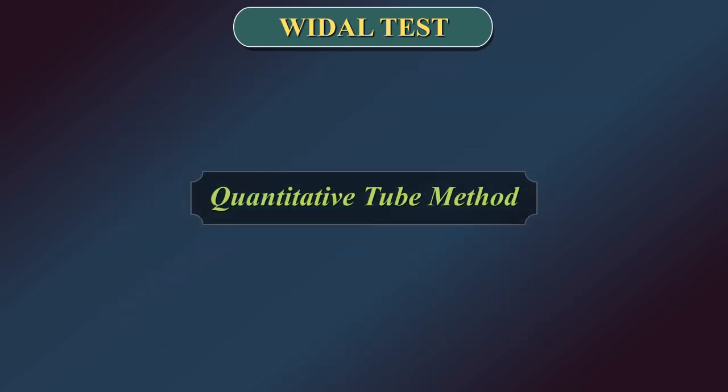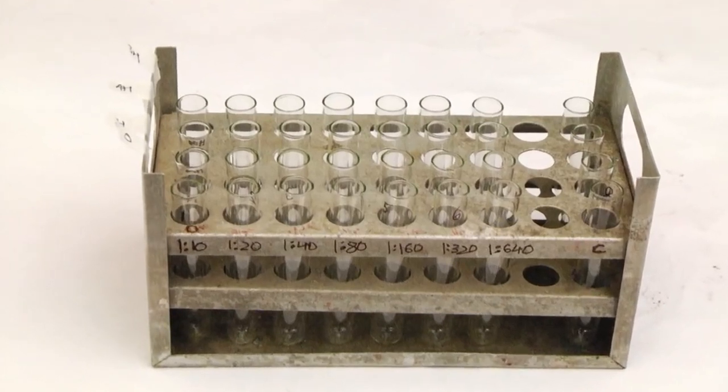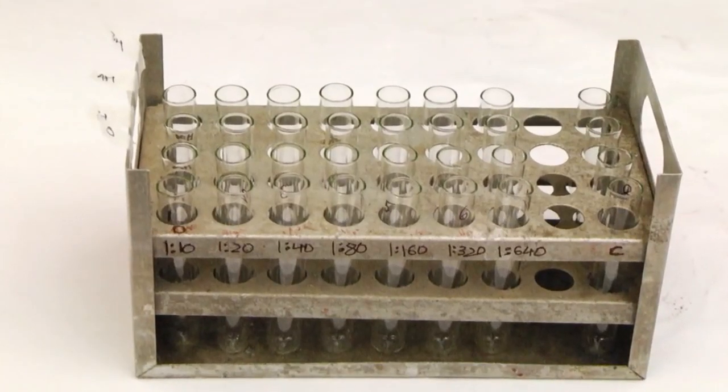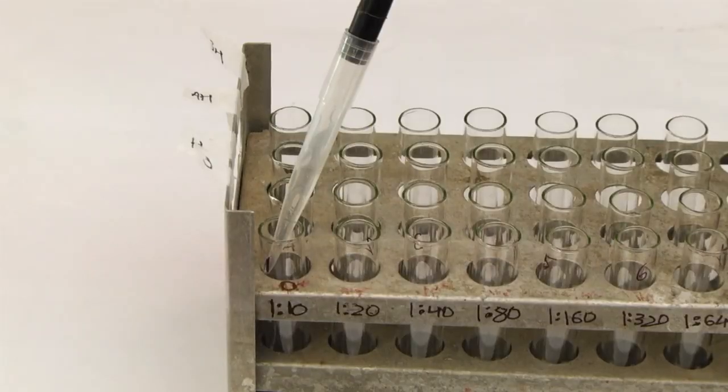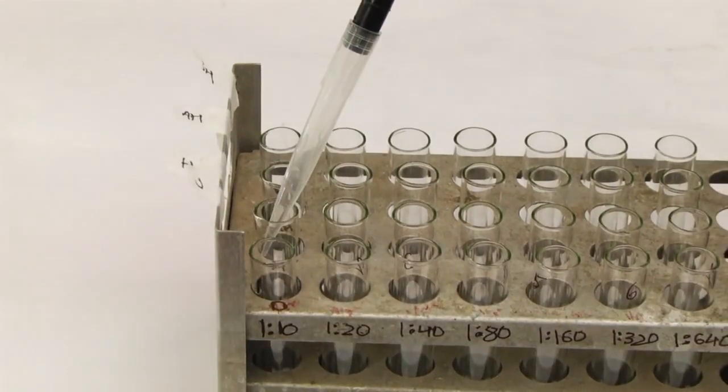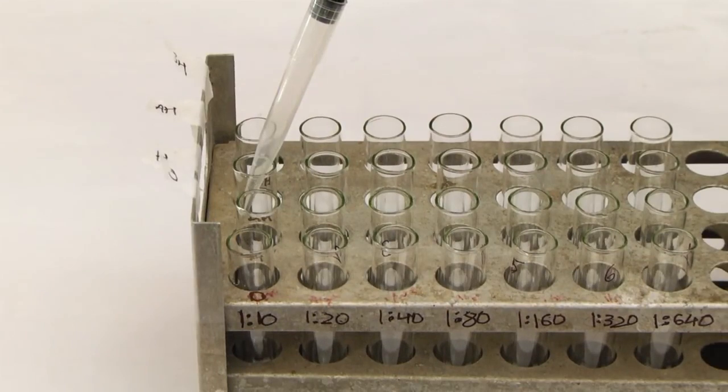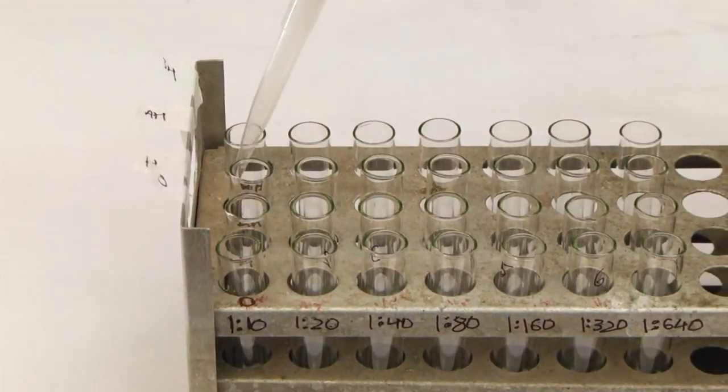Quantitative tube method. Take appropriate number of sets, 1 set for each antigen suspension of 8 Kahn tubes or test tubes, and label them 1 to 8. Pipette 1.9 milliliters of physiological saline into tube number 1 of all sets.